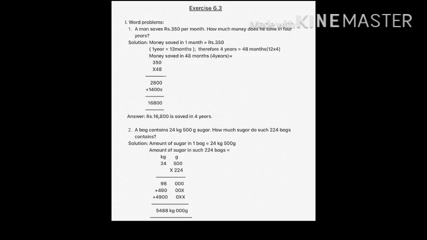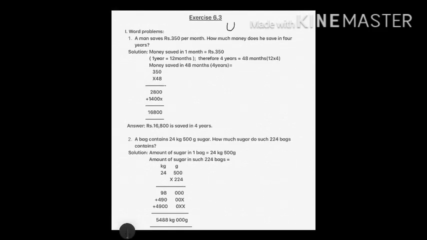So we'll begin with the first word problem here. Now understand one thing students, when you have to guess what you have to do in a word problem, especially for multiplication: if the value of one item is given, and you have to find the value of many from there, you always do multiplication.